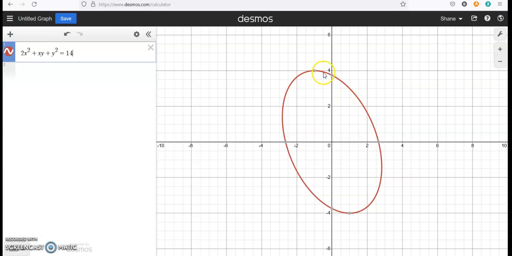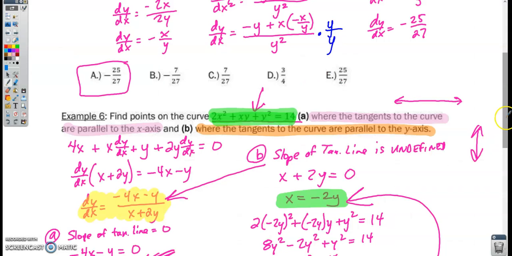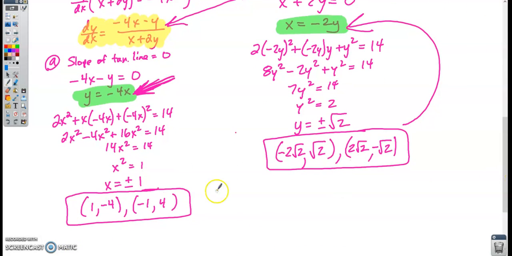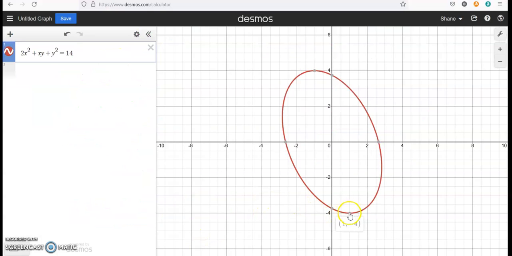And that's what that curve looks like. So when the tangent lines are parallel to the x-axis, it goes through this point right here, negative 1, 4. That was one of the points that we found. And 1, negative 4. Those are where the tangent lines are parallel to the x-axis.